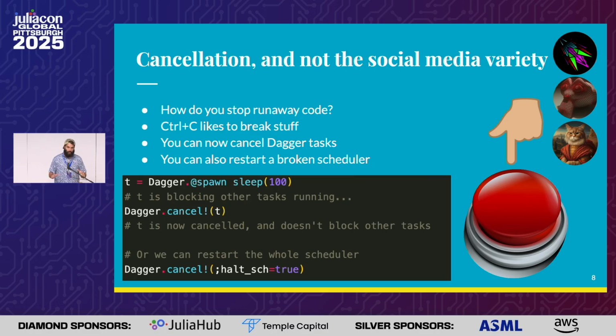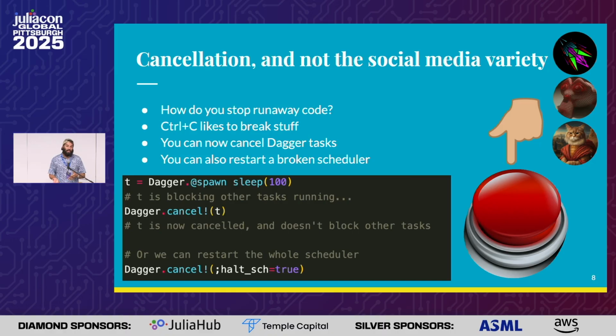Together with this work, as part of that same Google Summer of Code project, we also implemented something that's called cancellation. People often know this as like interrupts or Control-C. As kind of a related variant. And I have a talk about this tomorrow that goes into more depth, but basically what happens if your code is just running off the rails and you just want to stop it?